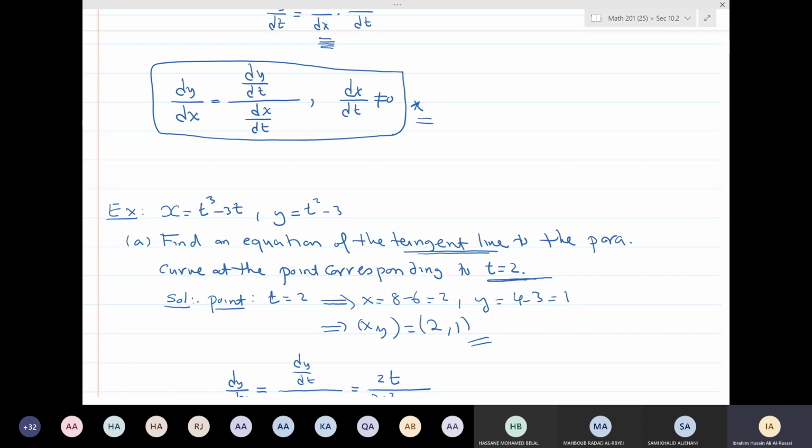Now let me recall some facts from Math 101 also about the slopes. This is our formula for the derivative. Let me recall a simple point, which is horizontal tangent.